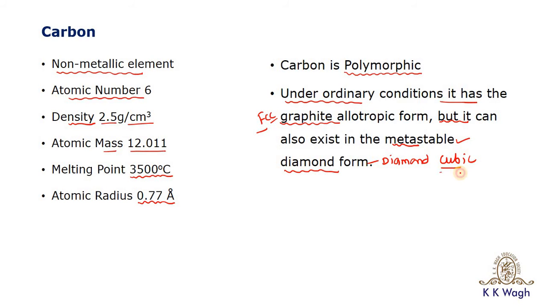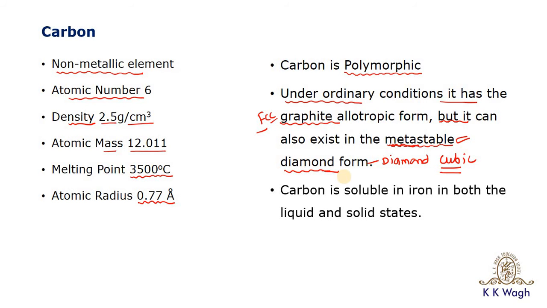This is called the metastable condition. It takes from months to several years to transform this graphite to diamond. So this condition is called the metastable condition. Moving ahead, carbon is soluble in iron in both the liquid and solid states.